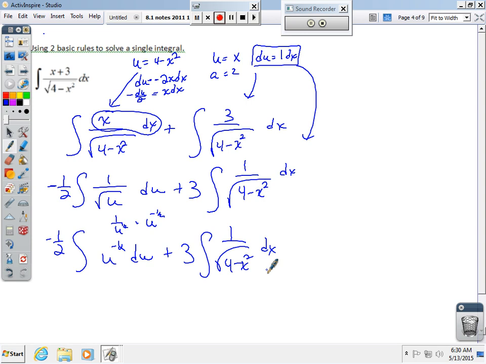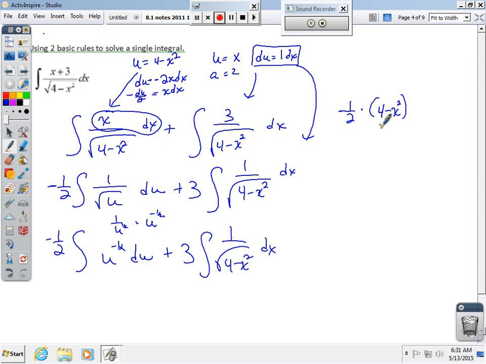Alright, and last but not least, I think I'm going to actually integrate here. So I'm going to get a negative 1/2. The u to the negative 1/2, and now when I integrate that, I'm going to add 1 to that exponent, so it's going to be the u, which in this case is 4 minus x squared.